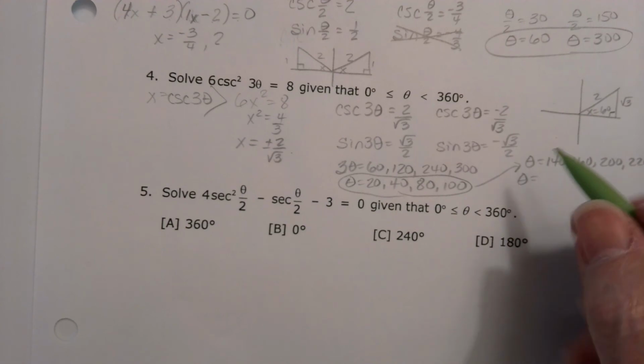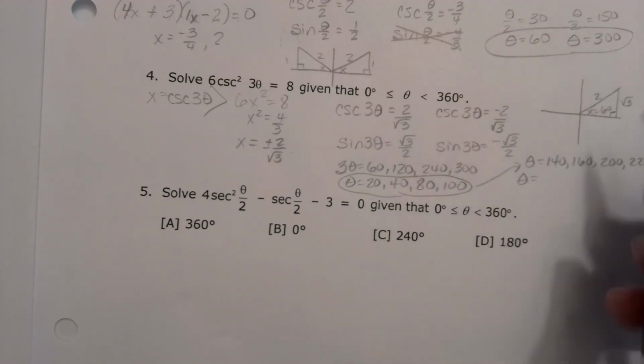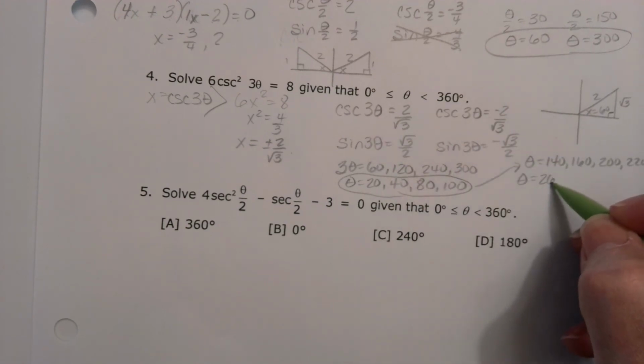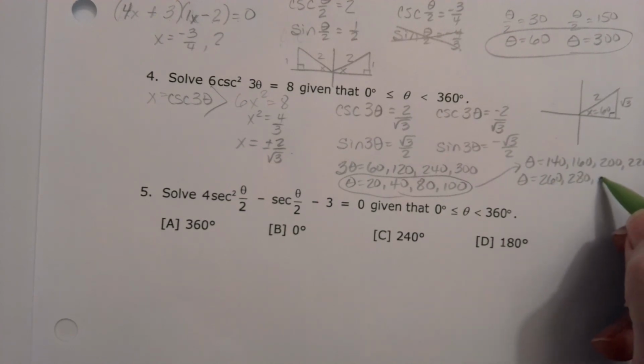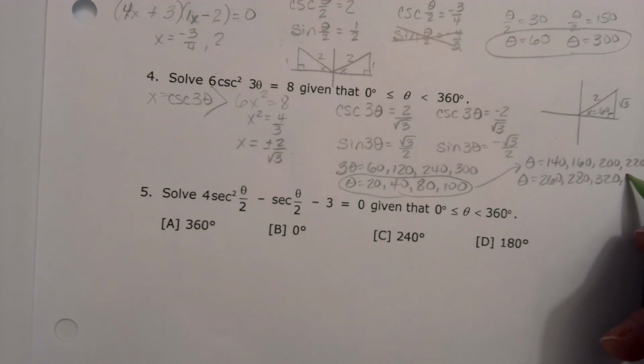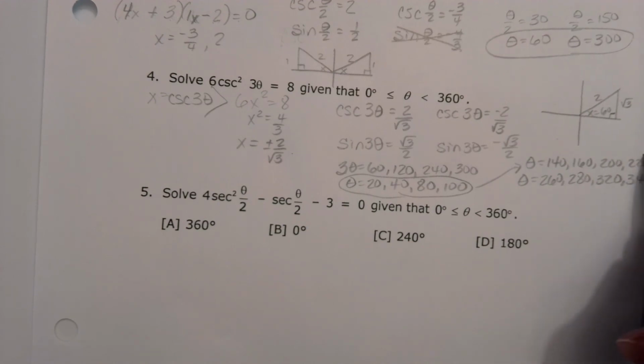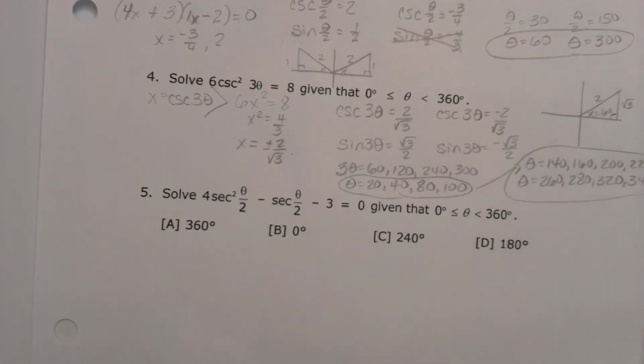That's the second set. I'm going to have 3 sets because it's 3 times. Add 120, add 120, add 120. And that's going to be the end. Okay, I think that's enough to get you going there.